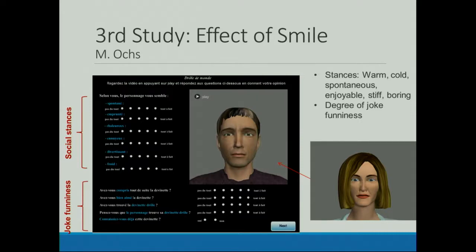We had a male and a female agent, and we asked them to evaluate the social stance of the virtual agent using different qualifiers. We had positive qualifiers and negative qualifiers, 6 of them. And we also asked them to rate the degree of joke funniness, how they found the jokes.